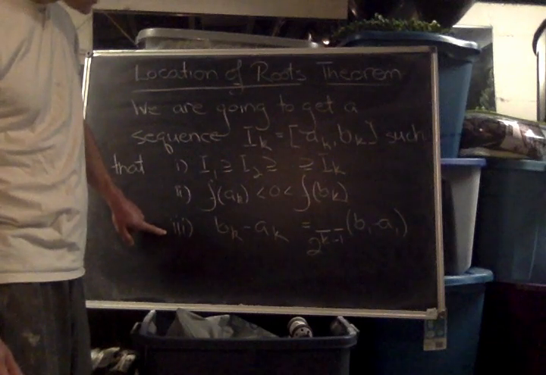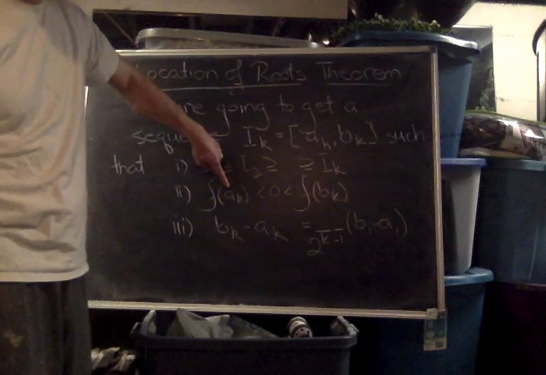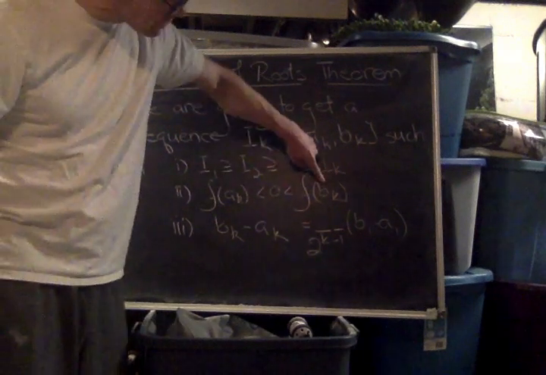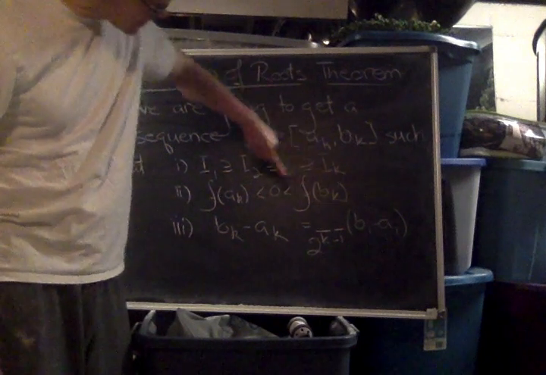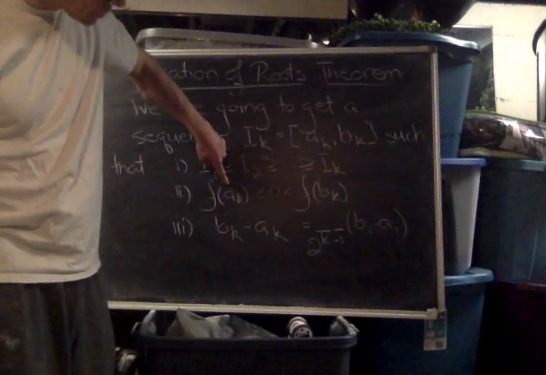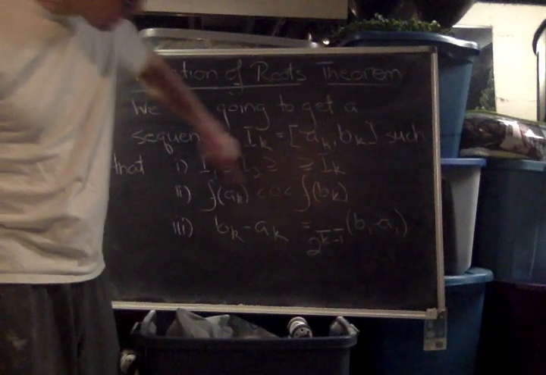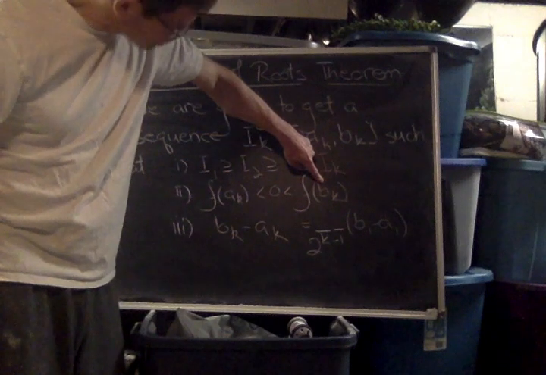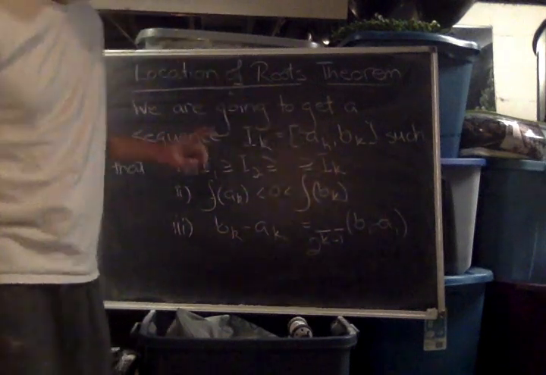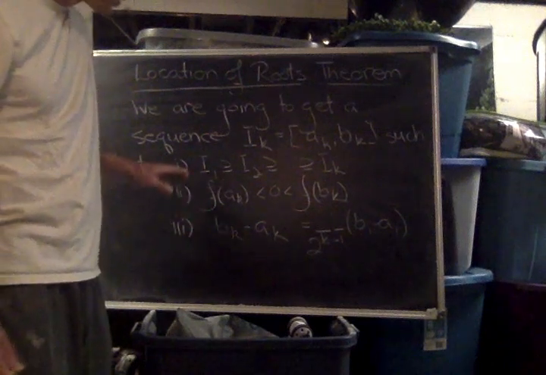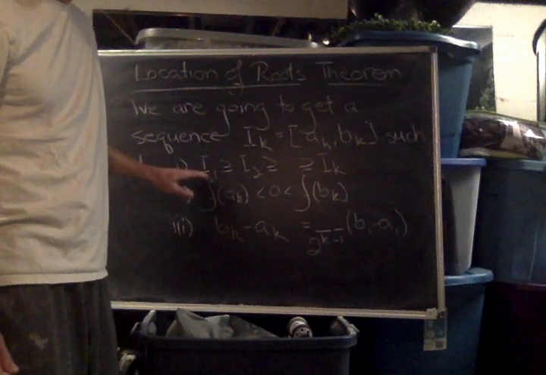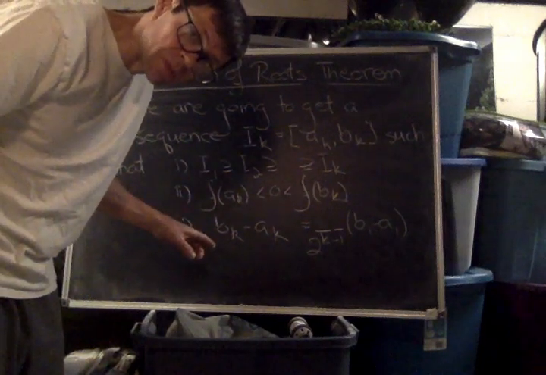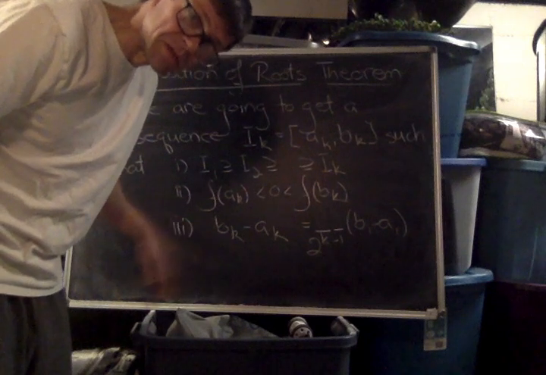And that single point is going to be simultaneously the supremum of these a sub k's and the infimum of these b sub k's, meaning that the a sub k's form an increasing convergent sequence, the b sub k's form a decreasing convergent sequence, and both of those sequences converge to the same point, namely the unique point which is in the intersection of all of these intervals. That point is the magic point c, where the function is equal to 0.